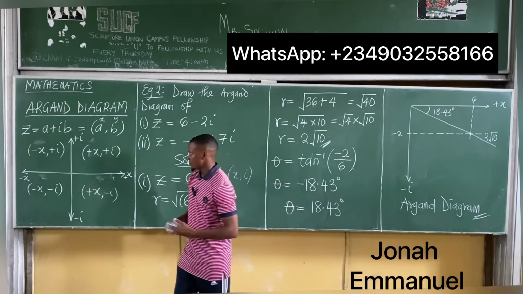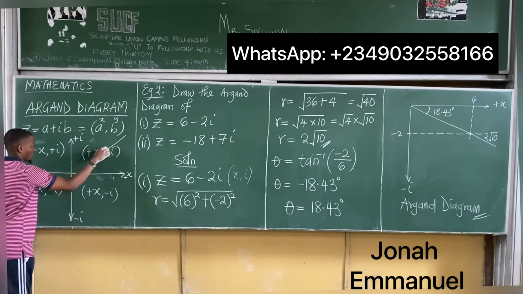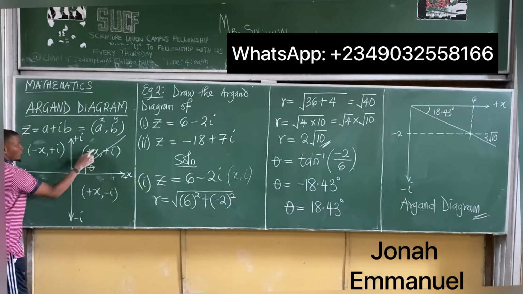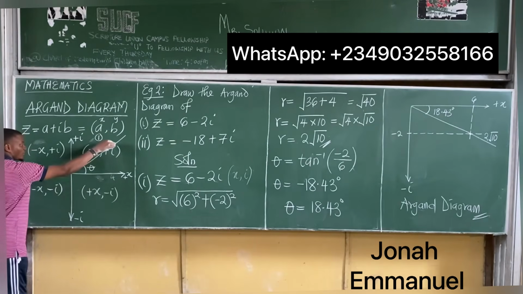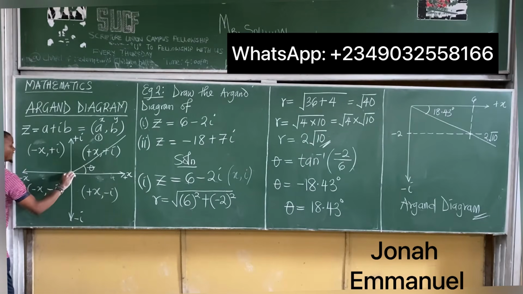Before we leave, please, let me show you something. If I have a line here, theta will be here. In this case, theta will be here for quadrant 1, between the modulus and the horizontal. For quadrant 2, if I have a line like this, theta will be this one here, between the modulus and the horizontal.